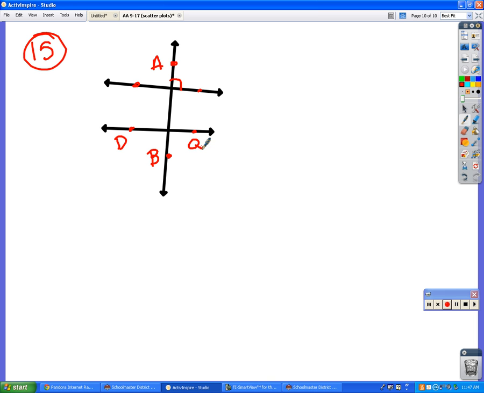For that diagram right there, what two lines are perpendicular to each other? Byron? CP and... Okay, line CP is perpendicular to line AB. How do you know?